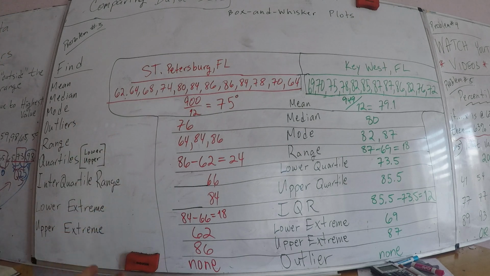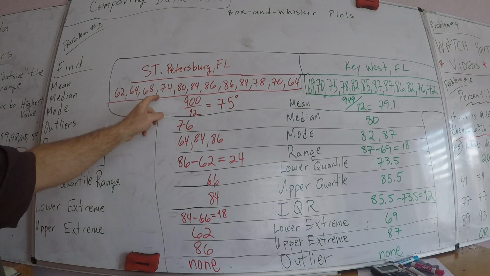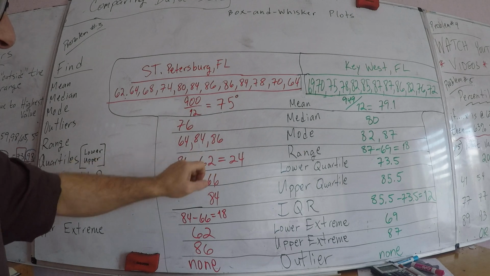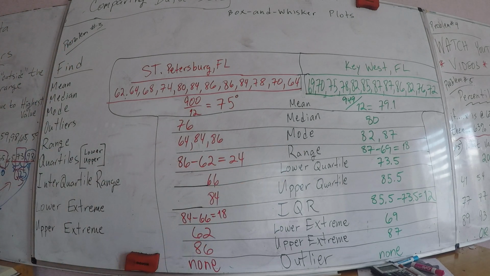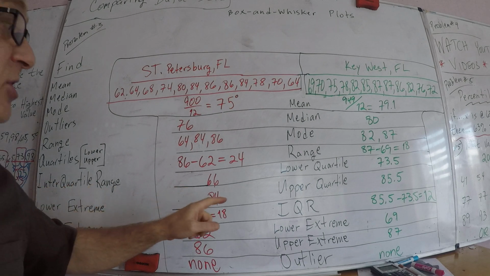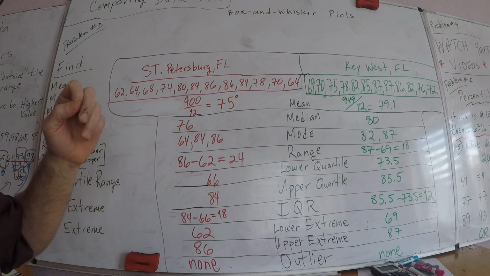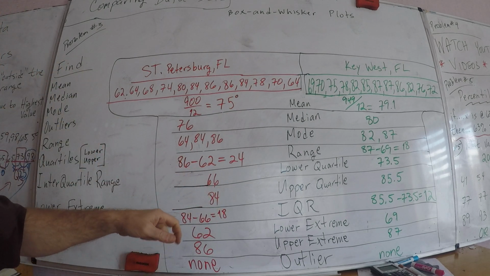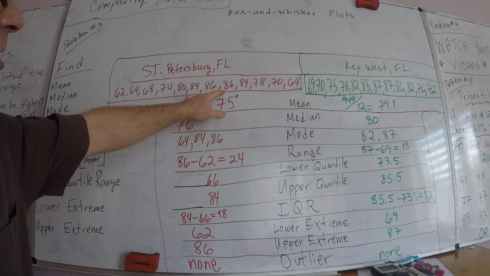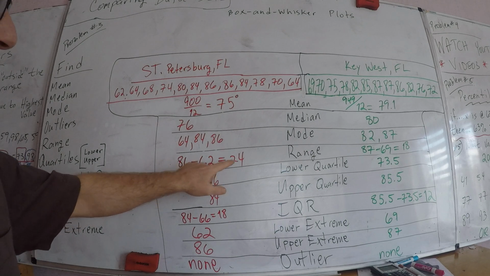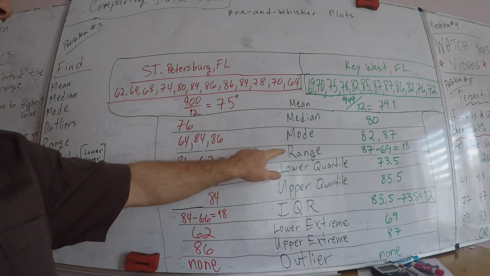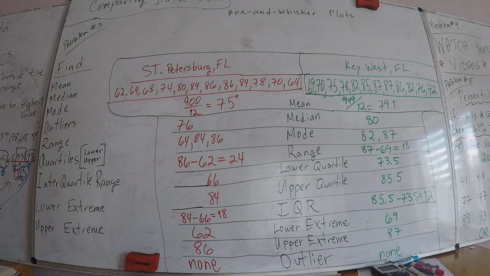So since there's 3 of them, we have to put all 3 of them down as the mode. What's the range? The range is the difference between the lowest and the highest. The highest value is 86. The lowest value is 62. 86 minus 62 is 24. 24 is the range.